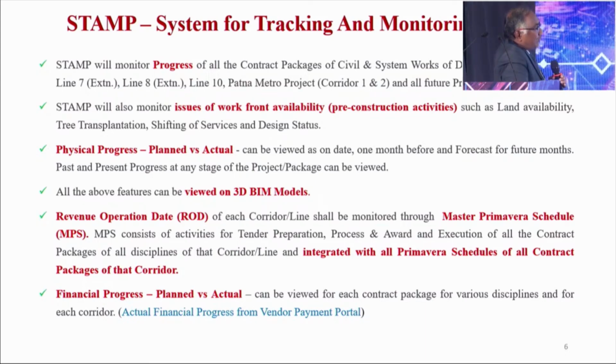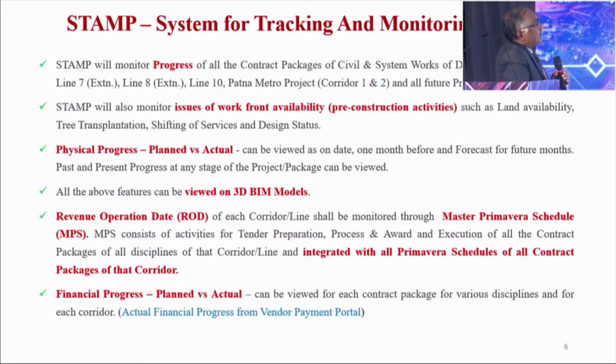For that, as soon as a contractor has prepared his Primavera schedule, the detailed work plan, suppose the contract package is 2.5 or 3 years, then depending upon the physical planning, we ask him to prepare a financial plan also, month-wise, based on his physical progress.